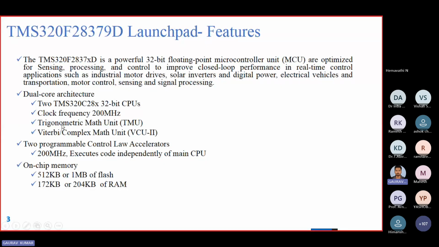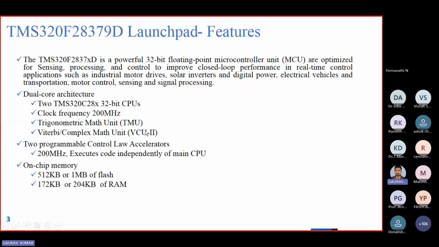If we have trigonometric or complex mathematical functions in our control algorithm, it can easily solve them and reduce the computing time of the processor. Basically, these units help to improve the performance of the C2000 Launchpad.